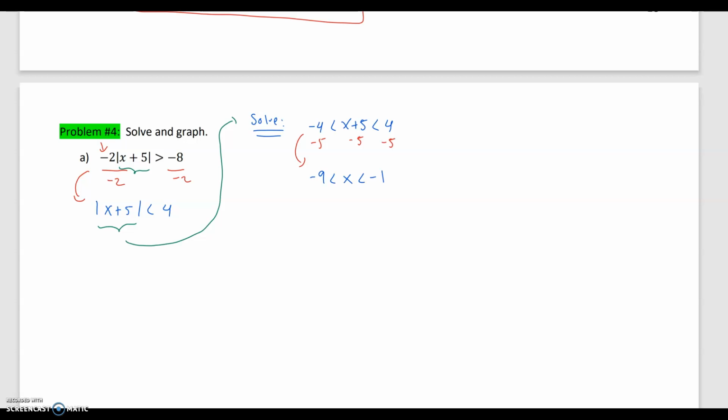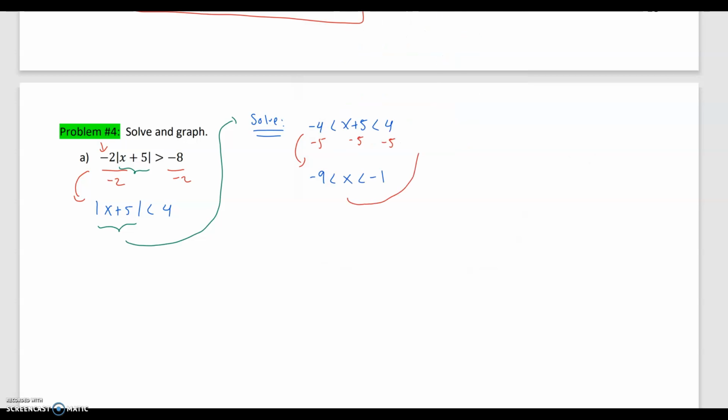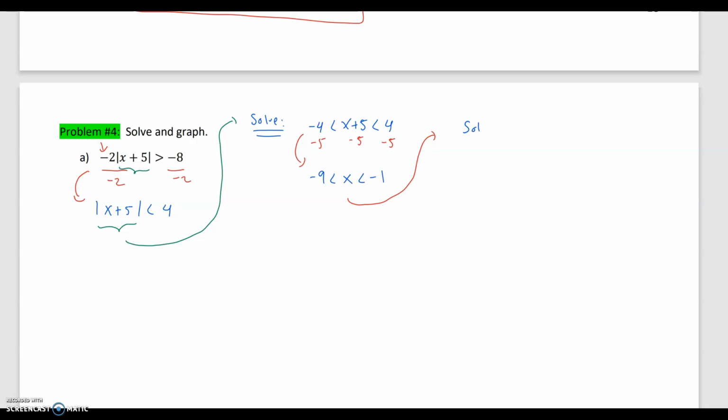At this point, this is our solution. So let me rewrite it here. Solution: x is bounded by -1 and greater than -9. Remember that all of these, you're going to have a min and a max. They want a graph. So the graph, and obviously not to scale, I'm just going to put 0 as a reference.